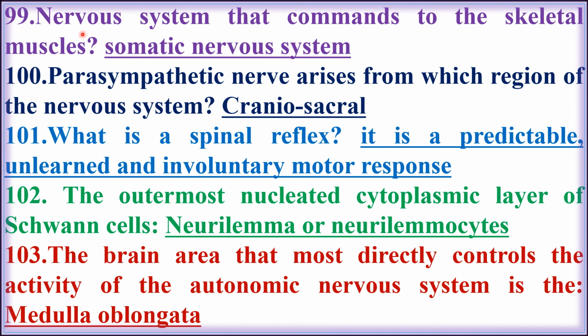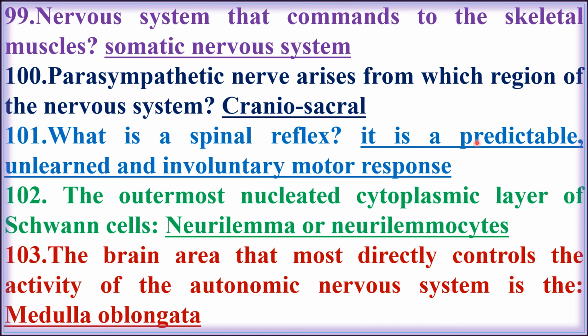Next, the nervous system that commands the skeletal muscle is called the somatic nervous system. Next, parasympathetic nerves arise from which region of the nervous system? That is craniosacral. Next, what is a spinal reflex?